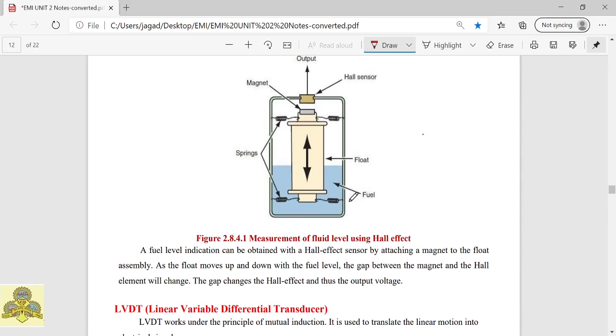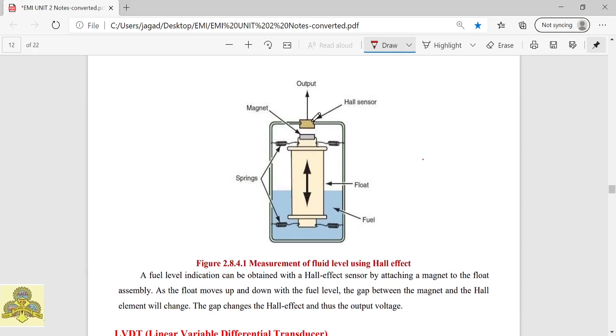There is a magnet attached to a floating material. The magnet is attached at the top of the floating material, and this floating material is set up with springs. There are a number of springs attached. So whenever we put in fuel, this floating material will float and move towards the top.